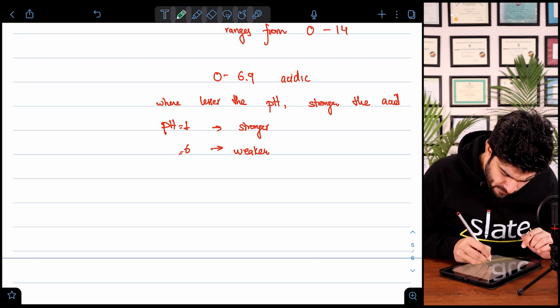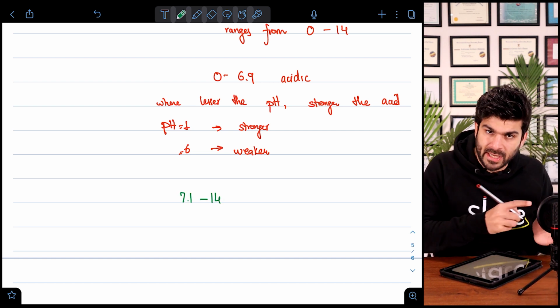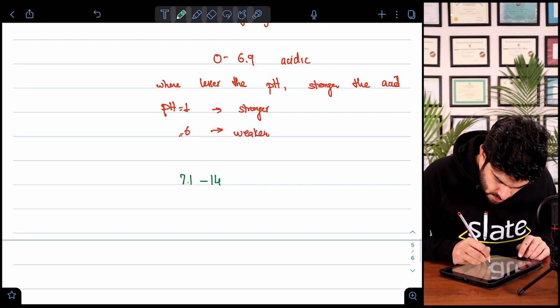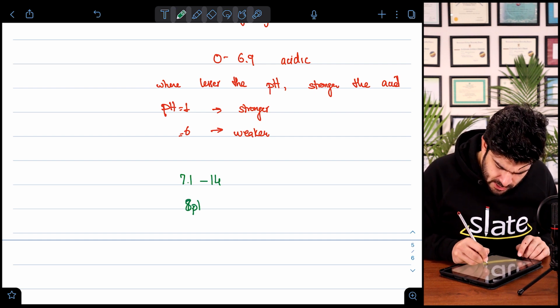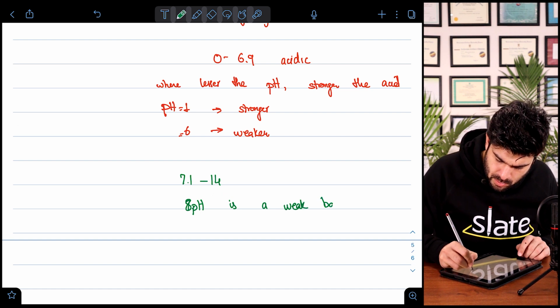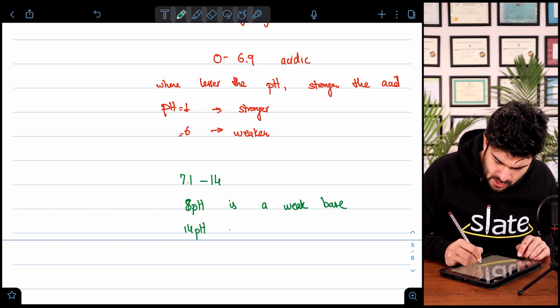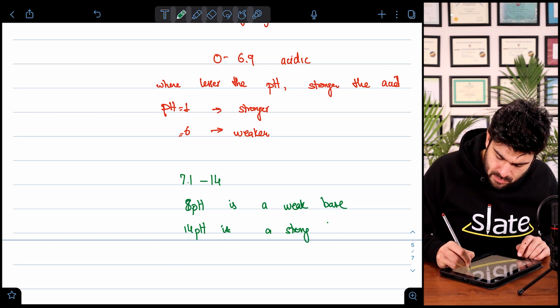Similarly, for bases, it's 7.1 to 14, but it goes in the other direction. So 8 pH is a weak base, and 14 pH is a strong base.